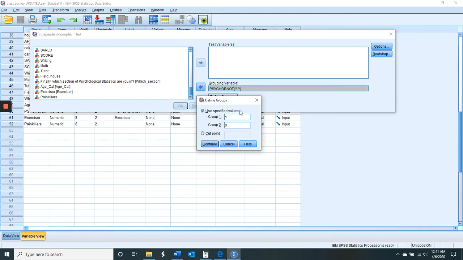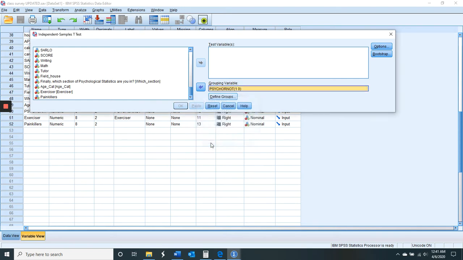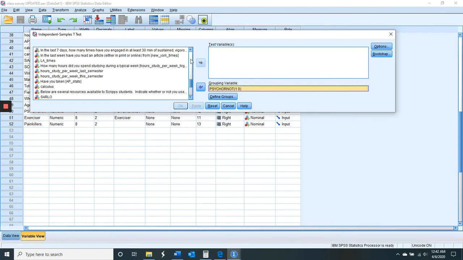This is very important to remember in independent t-test, that we have to put values in here. Again, it's going to take 1 minus 2, but we have to give values to it. So I put 1 for psych majors and 0 for not psych majors. So it's going to take the psych majors mean minus the not psych majors mean. Press continue. And the test variable is simply the dependent variable that we're comparing those two groups on.